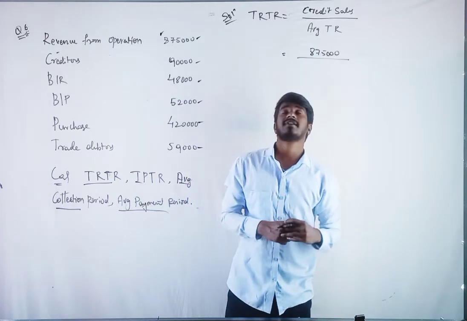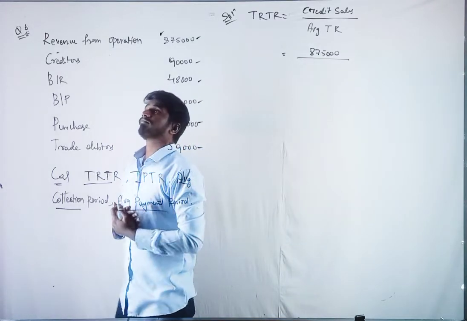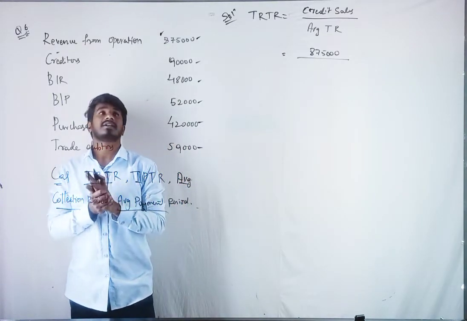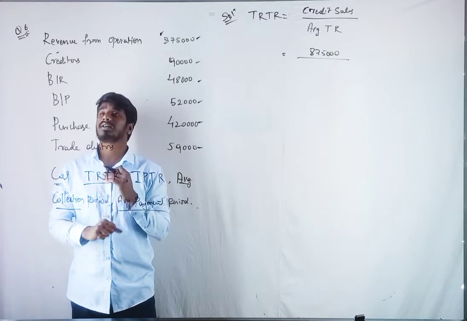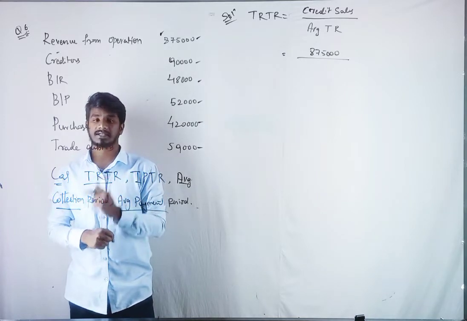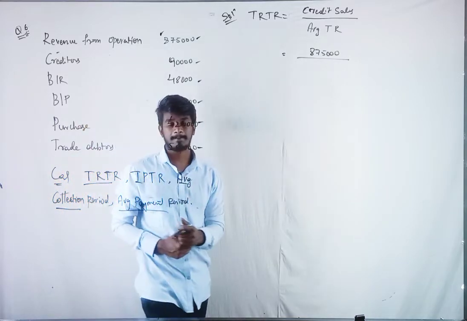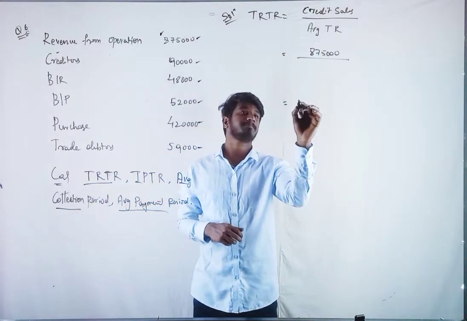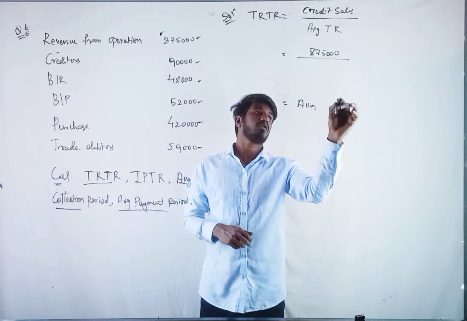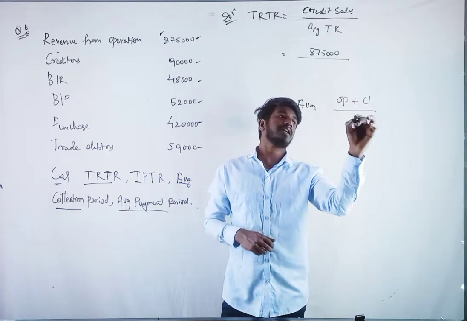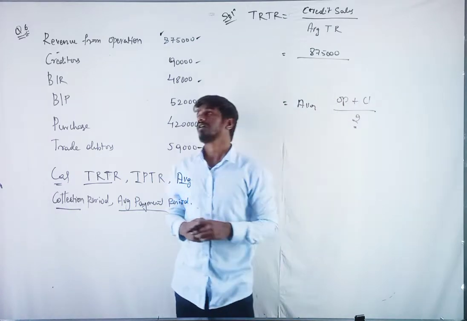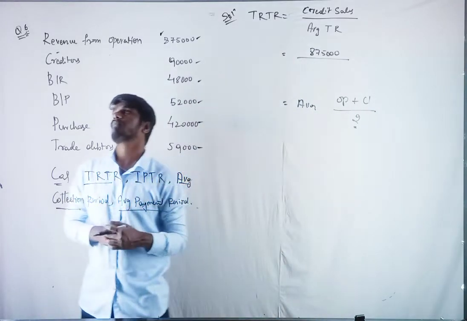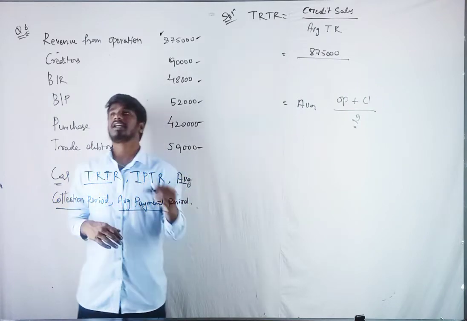8,75,000 divided by average. What is average? Average trade receivable is opening plus closing divided by 2. They didn't give any information about opening and closing.